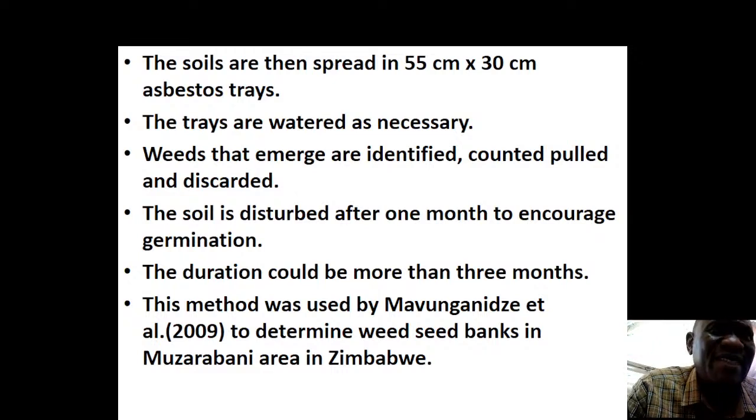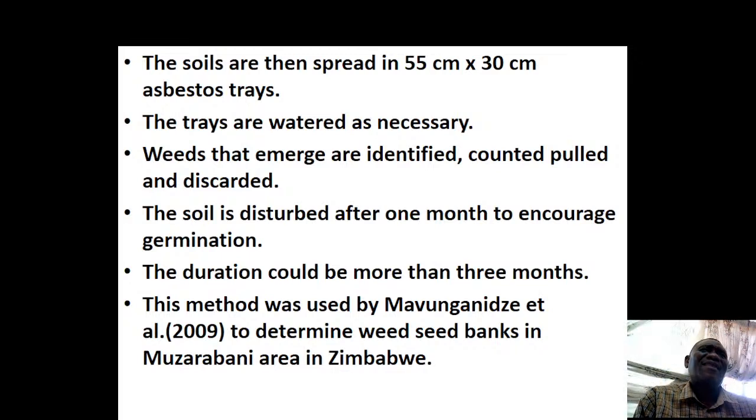This method was done by Mamunganidze in 2009, determining weed seed banks in Mzarabani area in Zimbabwe. There are 2 students who are also using this method currently, working in Murewa and Mutoko, trying to understand the weed seed banks in those areas.